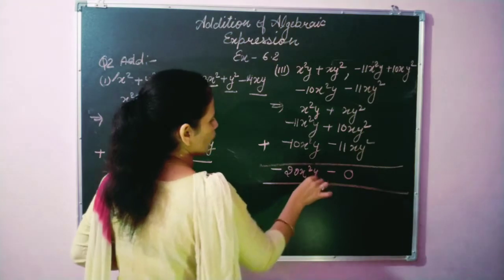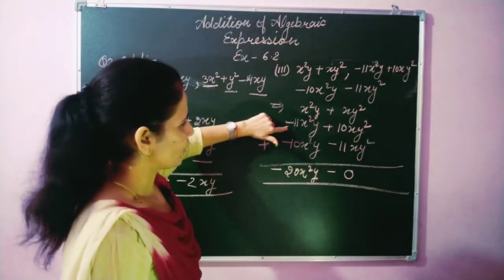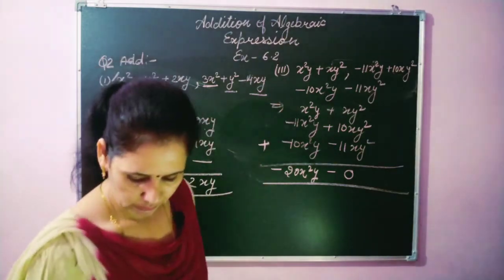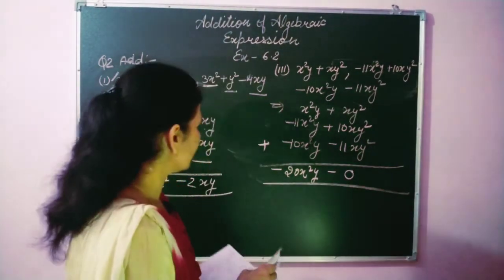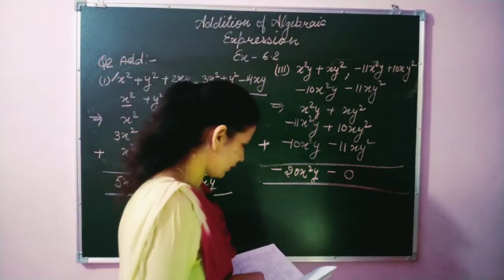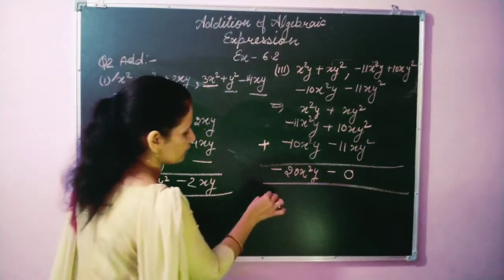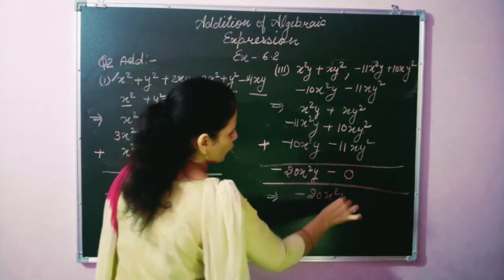Observe this again, 10, 11, 21, 21 minus 1, then 20. From here we get the answer, minus 20x square y. Okay students, from here we get the answer. If we write the answer finally, so we will write 20x square y.